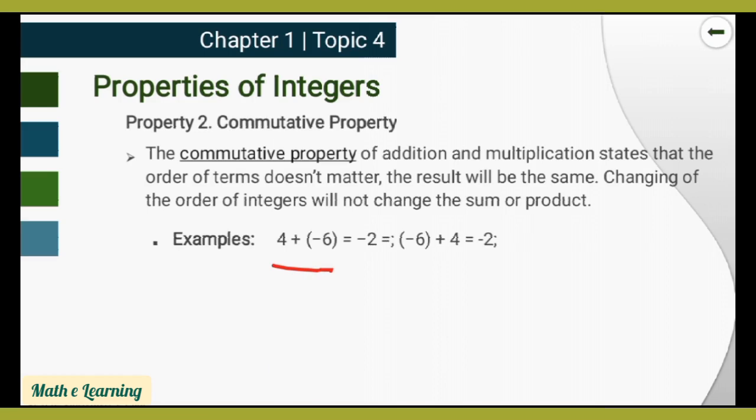Here 4 plus -6 is equal to -2. Now if we change the order of this 4 and -6, then we get the same answer. That means if you change the order of these numbers in addition, the result will be the same. It does not change.